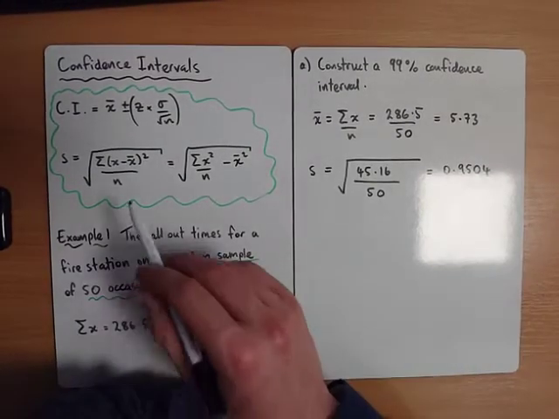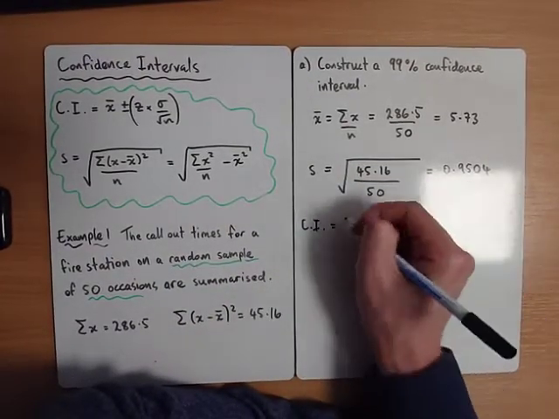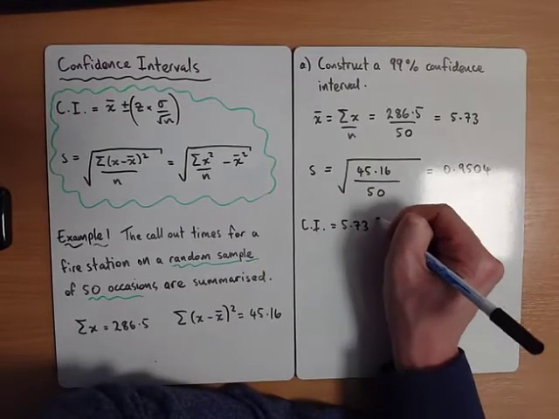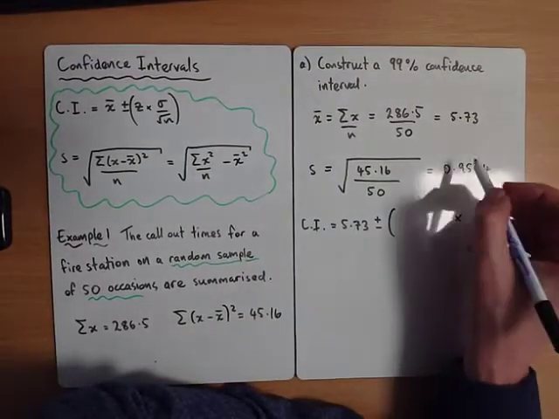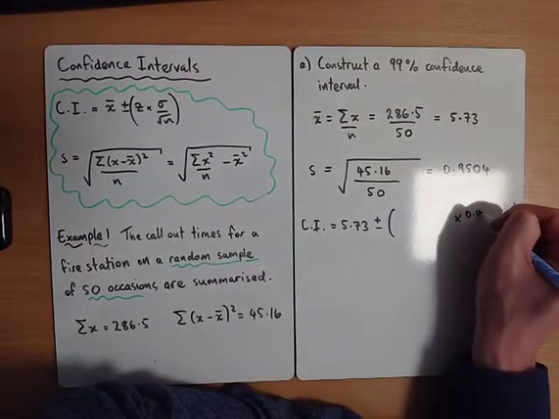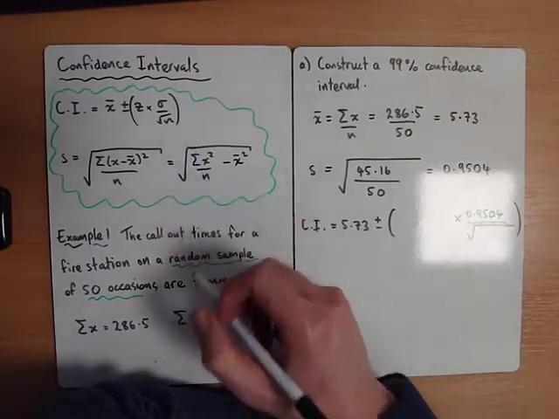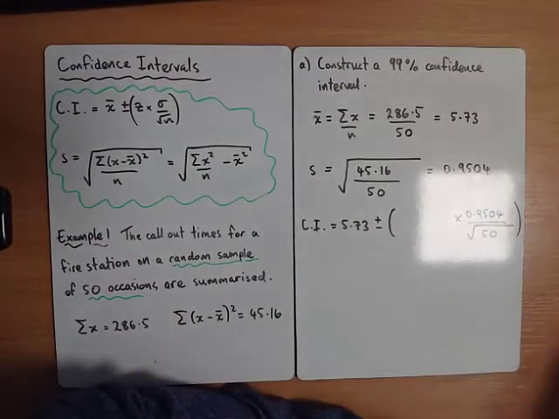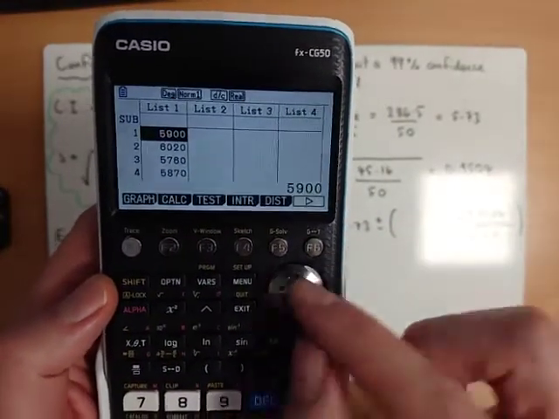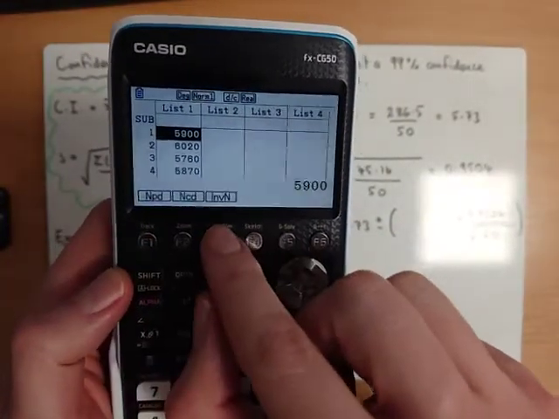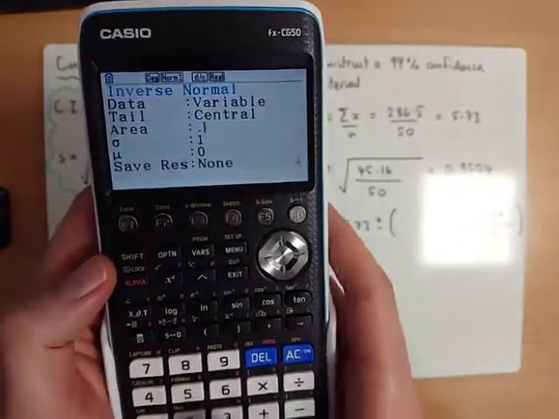Now that we've done that, we can calculate our confidence interval. The confidence interval is the sample mean plus or minus the z value, which I'll get in a second, times the standard deviation divided by the square root of the sample size, which is 50. Then we go on to menu, stats, distribution, normal, inverse normal, tail central, area 99%, so 0.99.